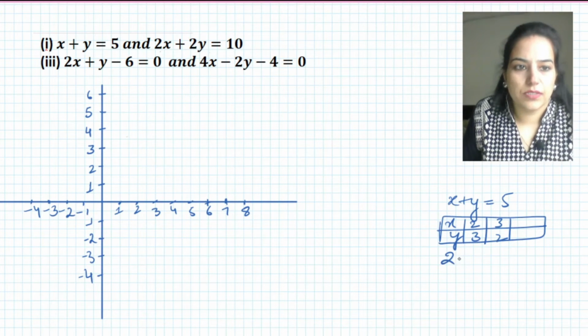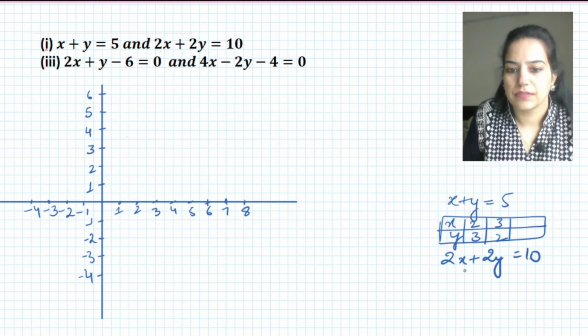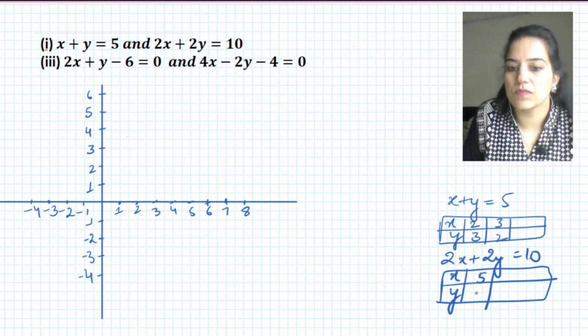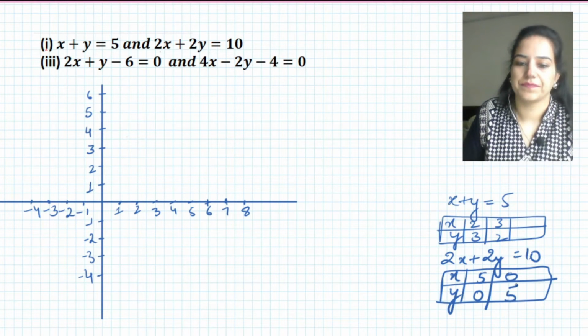And for the other one, 2x plus 2y is equal to 10. Okay, it is x and y. So if I put x equals to 5, y becomes 0. And if I put x equals to 0, y becomes 5.